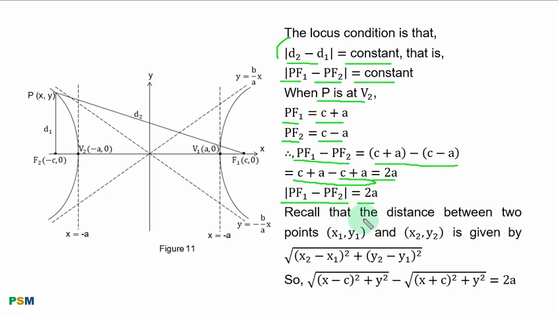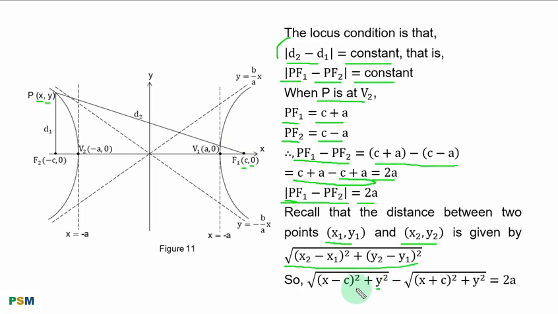Recall that the distance between two points (x1, y1) and (x2, y2) is given by this formula. Let's consider PF1. x here represents x2, then c is x1. y here is y2, 0 is y1.